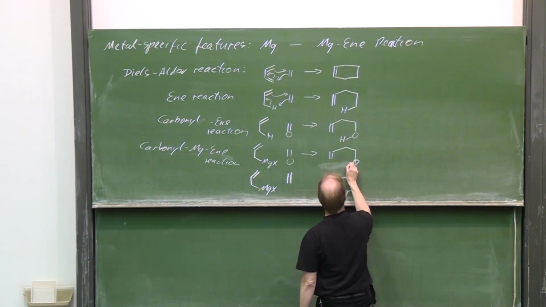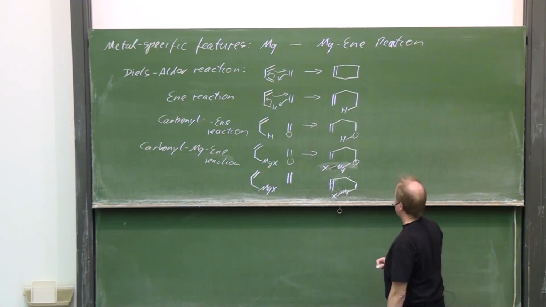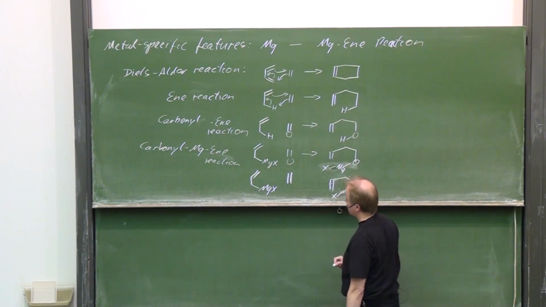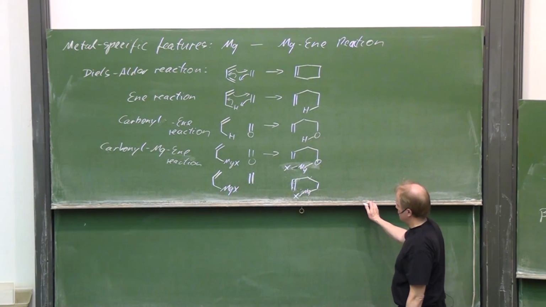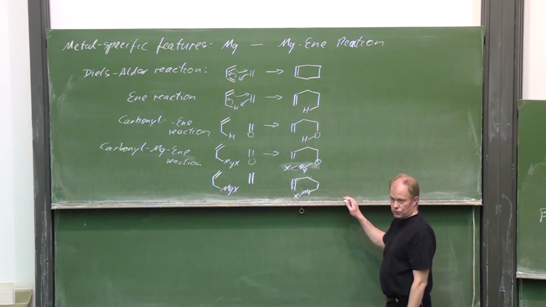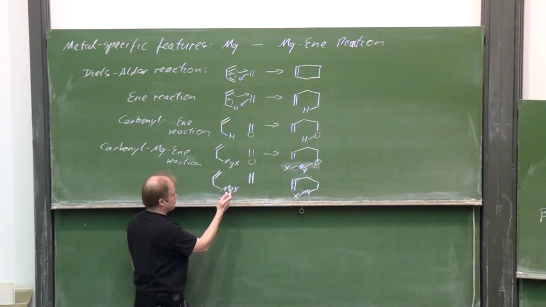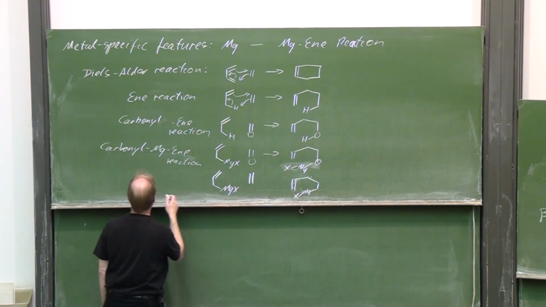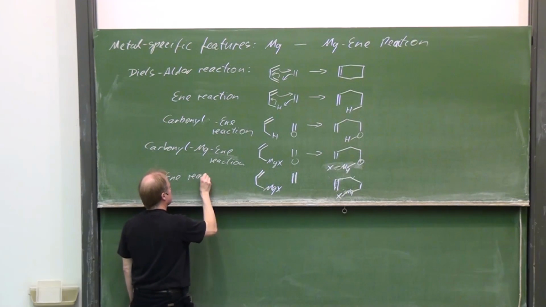So, yes. Now it's correct. Okay. So, this reaction, an Ene reaction where we have changed one hydrogen to a magnesium halide, is then called the Magnesium-Ene reaction as the general scheme.